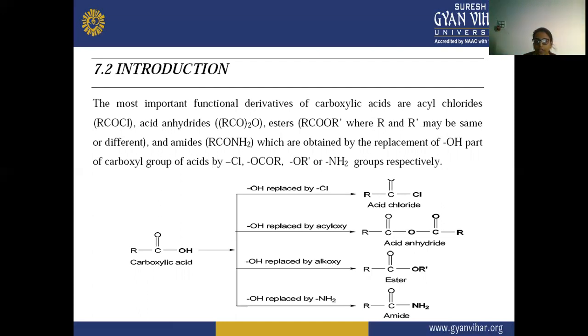If the OH is replaced by Cl, then it is known as acid chloride. If the OH is replaced by the acyloxy group, then it is acid anhydride. If the OH is replaced by the alkoxy group, then it is an ester. And when the OH is replaced by NH2, then it is an amide.